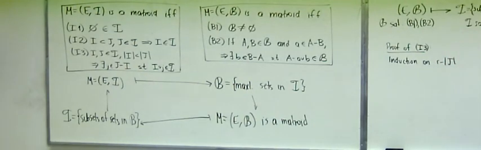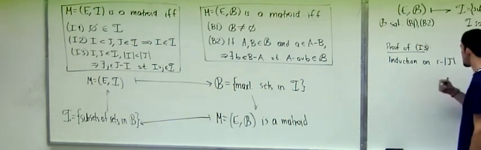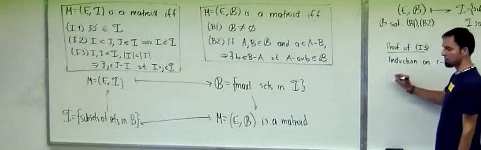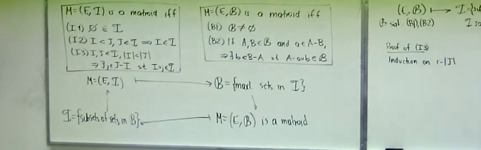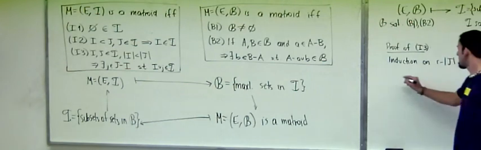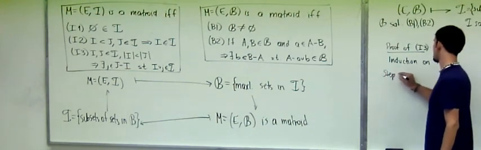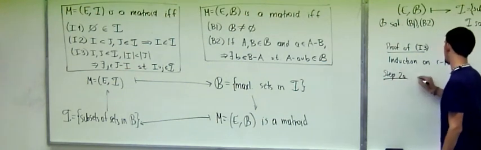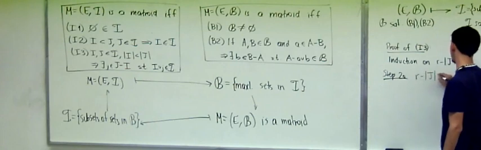We were going to prove that if the size of I is less than the size of J, then we could augment I with an element of J. And remember we had done the first step, which I call step 2a, which is that we did this for r minus j equals 0.